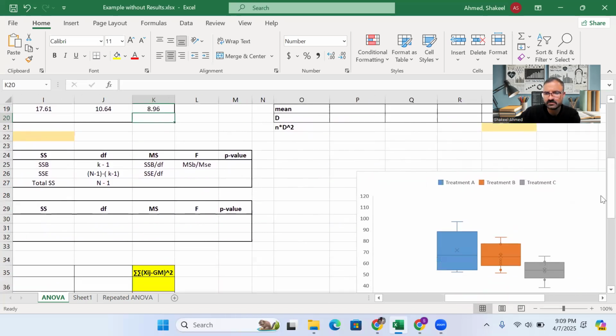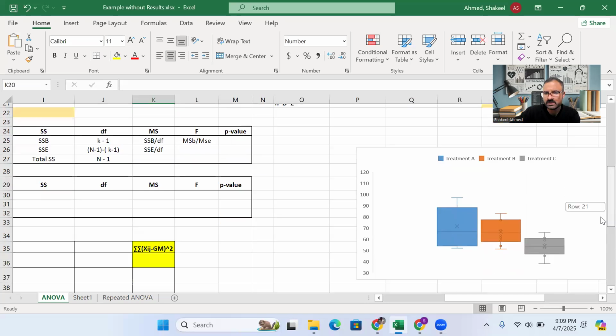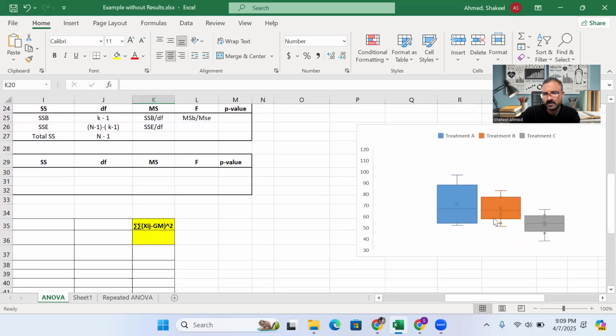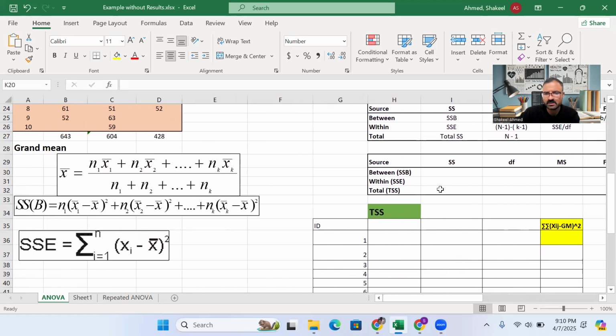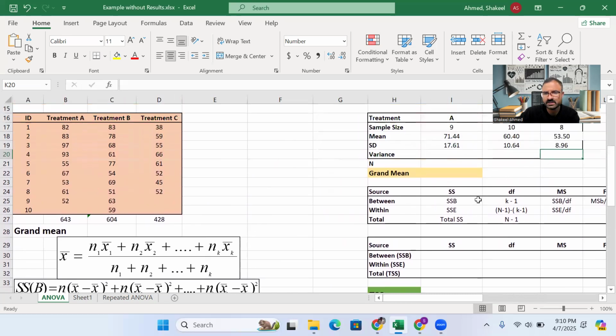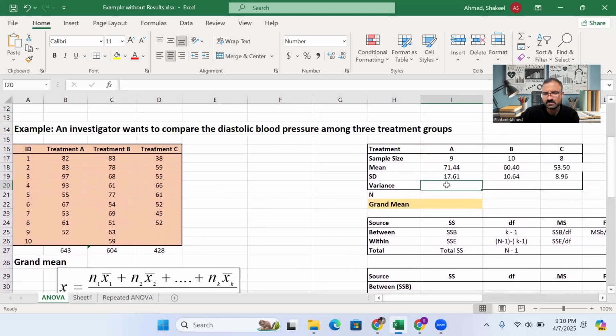If you want to see, we can see that there is slight deviation from normality. This is slightly positively skewed. This is also slightly positively skewed, but this is almost normal. So we proceed that the data follows a normal distribution. The three groups follow the normal distribution.